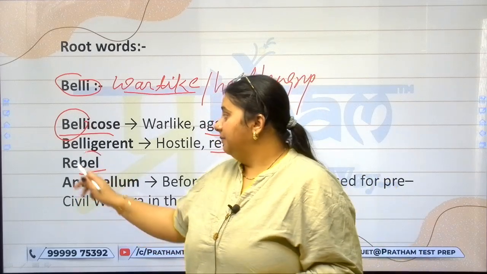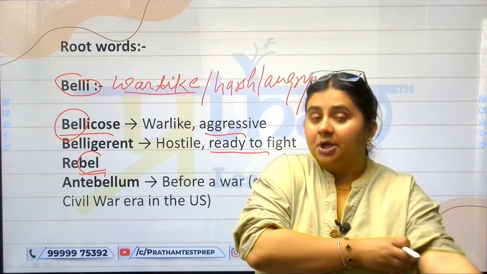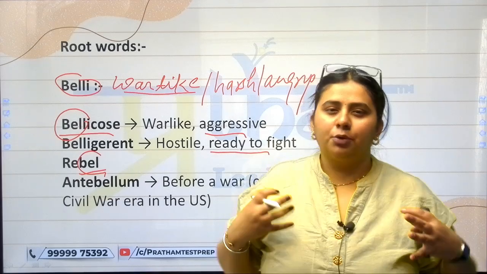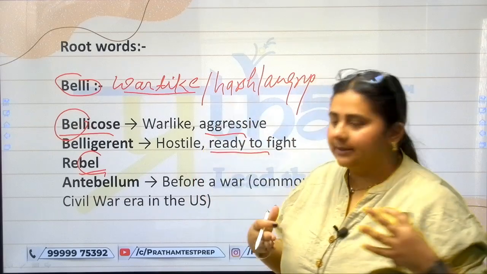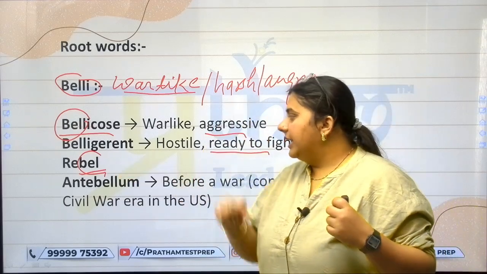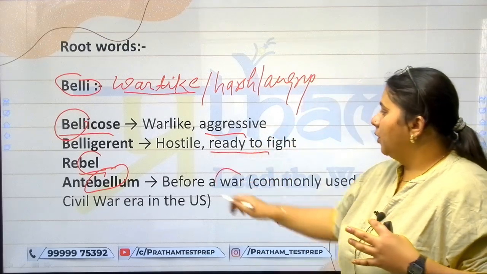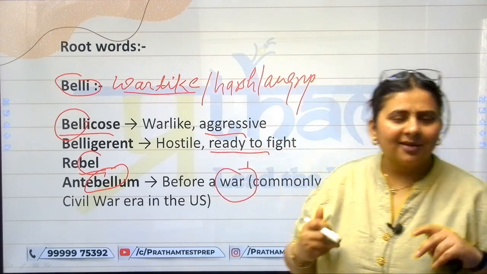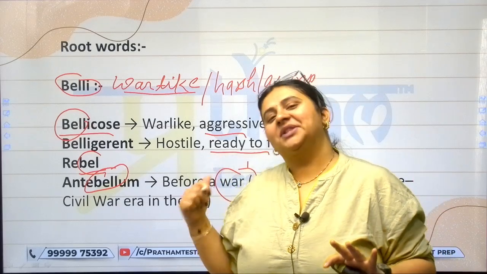Rebel. Again, bell word is there. Bell or belly is the same word. So rebel, you can relate. A person who opposes, warlike, always ready to fight, ready to oppose the boundaries. Similarly, antebellum. Bell means war. Ante means pehle, before a war. That's it. Isn't the vocabulary becoming easier with the root words, guys?